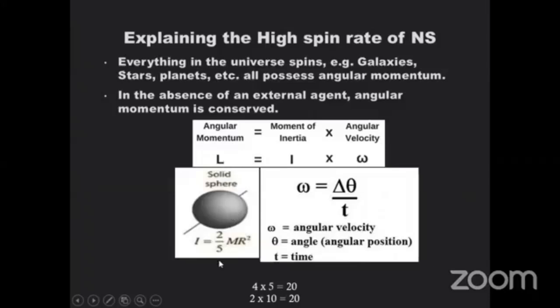Imagine at first the moment of inertia is 4 and the angular velocity is 5. If you multiply these two, it will give us 20. Now, if the moment of inertia decreases, that means a reduction in the size of the sphere or the size of the star or whatever.